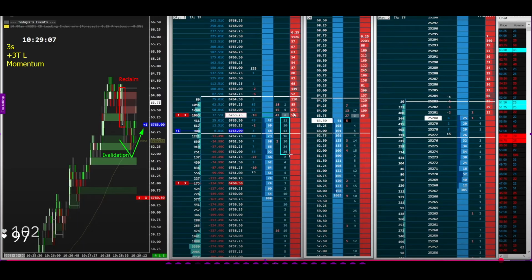Strength. Strength. But we also have strength above because those were pretty big sells that came in. I do want to specify that.